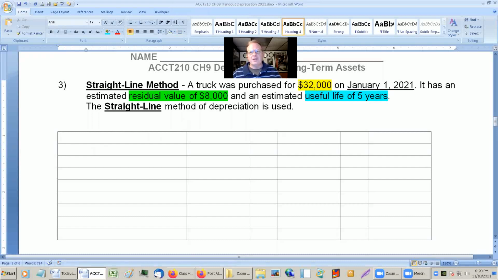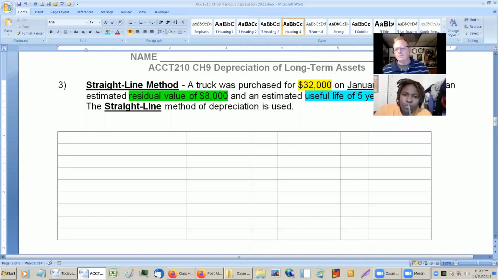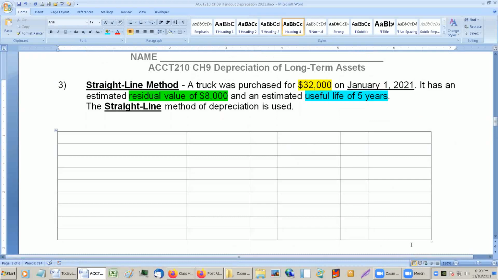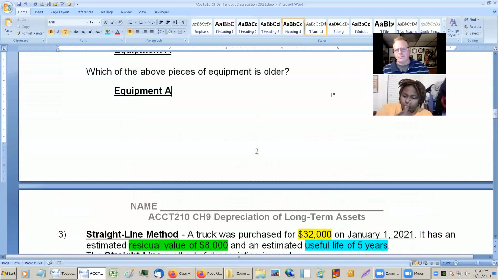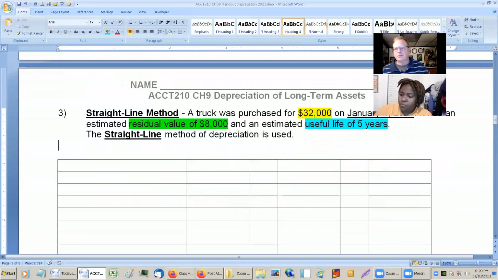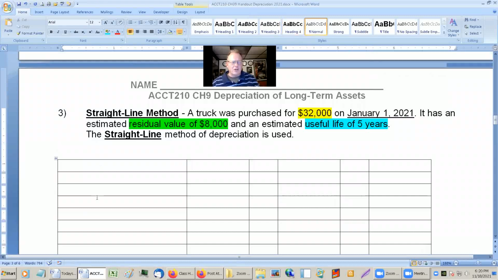How much is it going to decrease in value? 32 minus 8 is going to be 24. Okay, so we're going to find the depreciation expense.